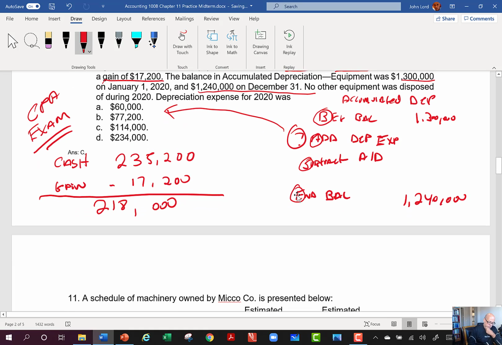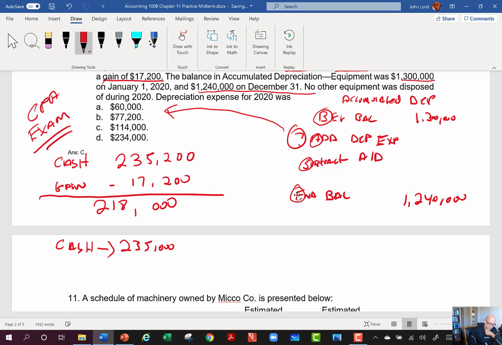Again, just to make sure we're happy with that, the cash was $235,200 minus the book value.